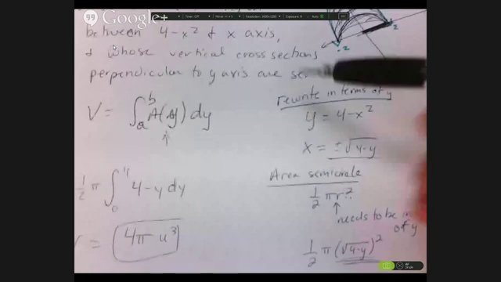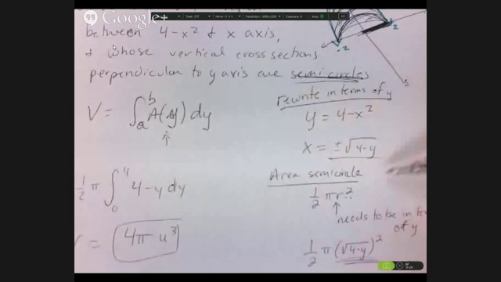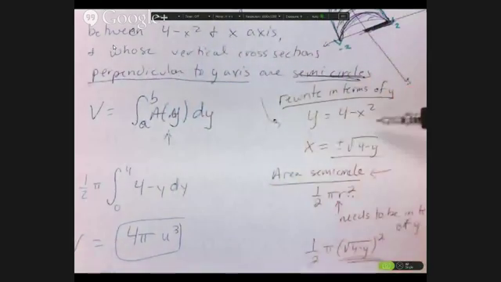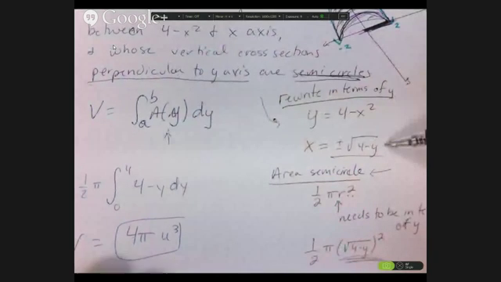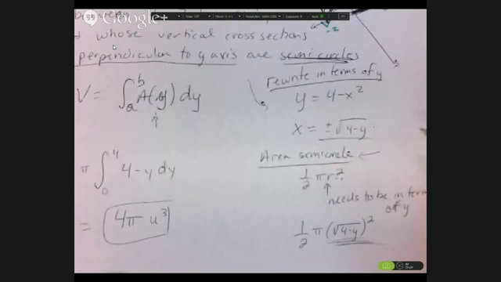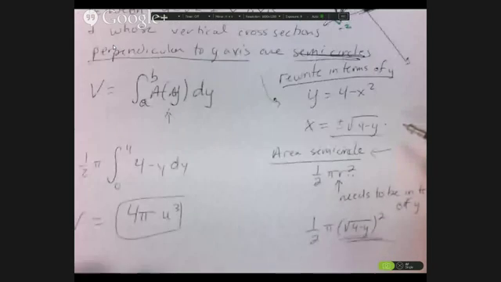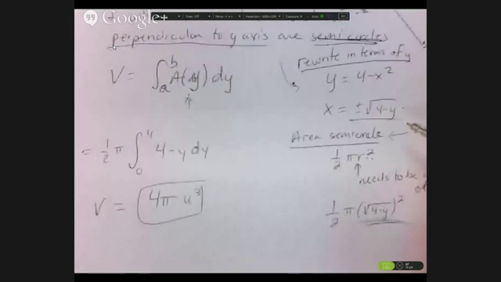So semicircles, that's our area formula. And perpendicular to the y-axis tells us to rewrite it in terms of y. Because it's a constant, it doesn't affect the integral at all.